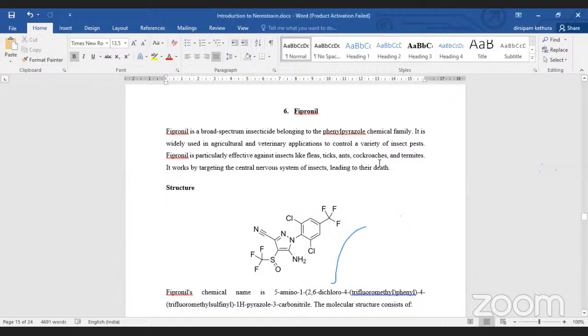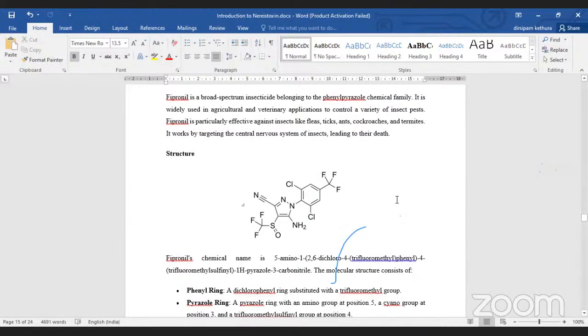It is widely used in agriculture and veterinary areas to control a variety of insect pests, and it is effective against insects like fleas, ticks, ants, cockroaches, etc. It works by targeting the central nervous system of insects, leading to death.